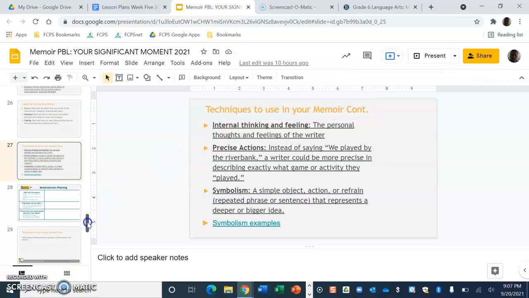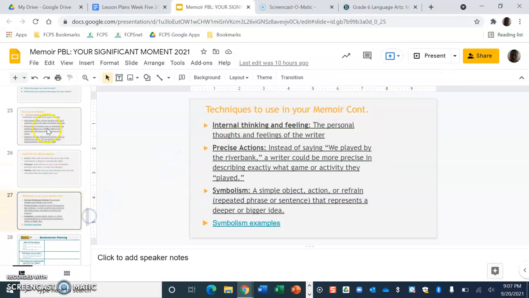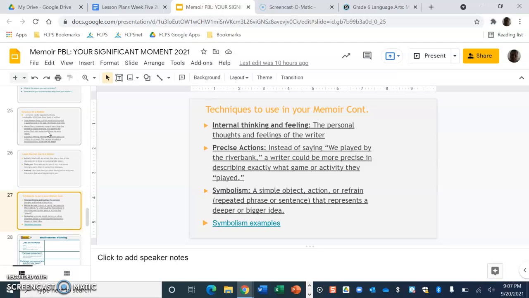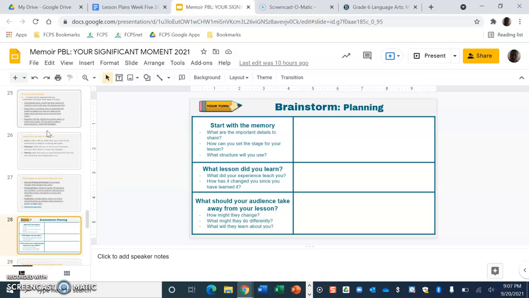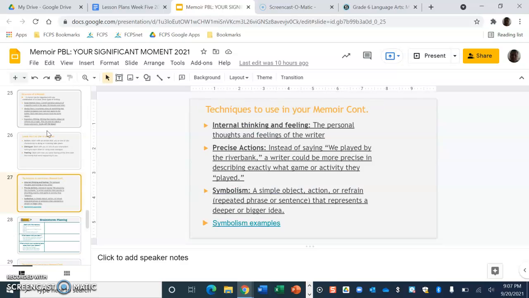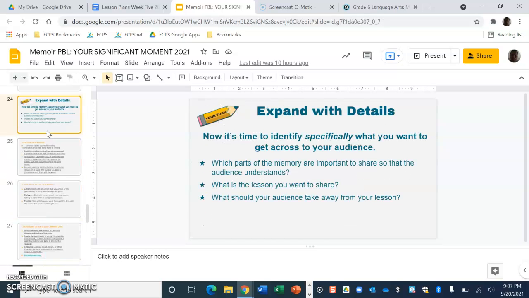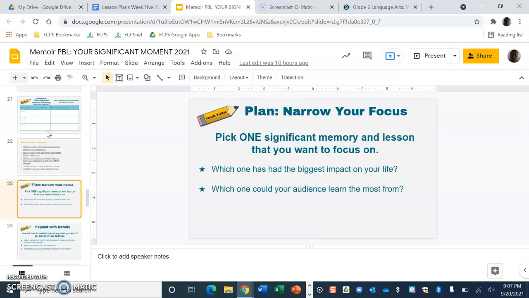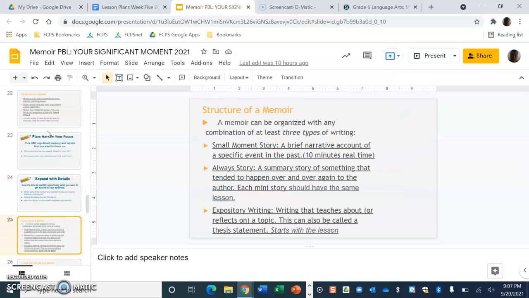All right, and now that we've gone over the different structures you can use, leads you can use to start, and techniques that you can use, we're going to take a step back and go into the brainstorming and planning section. So think back to what you have been working on for slides 21, 23, and 24.